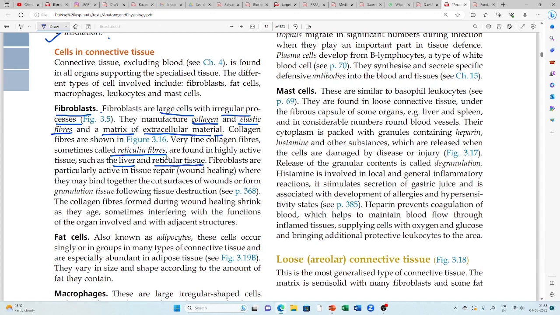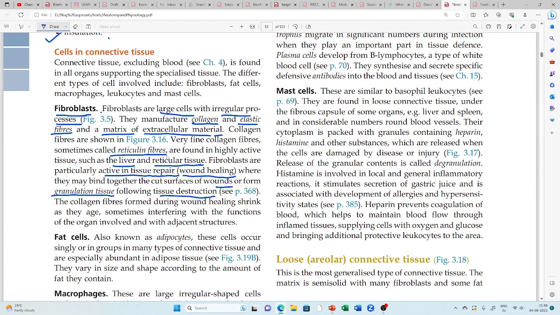Fibroblasts are particularly active in tissue repair, that means wound healing, where they may bind together the cut surfaces of wounds or form granulation tissue following tissue destruction.